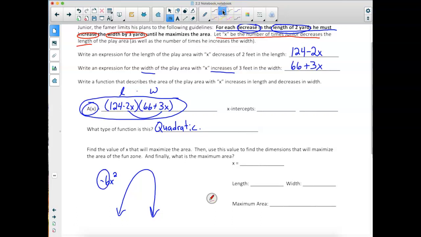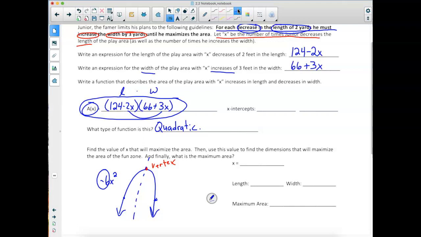If I'm concave down, I'm going to maximize somewhere. I'm going to have a vertex that's going to be the highest point, maximizing things, right? So in order to find that vertex from this form, we want to find our intercepts so we can split the seam of those intercepts to find the vertex.